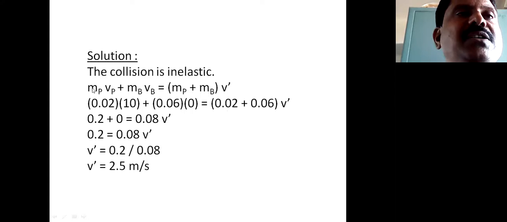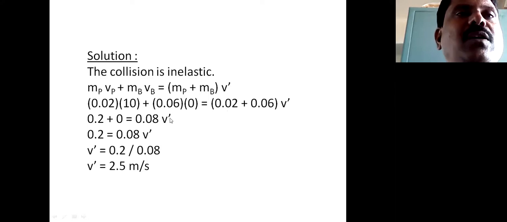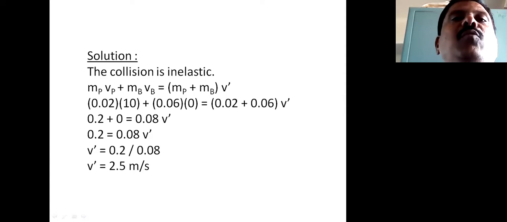Now we insert the values: the bullet mass is 0.02 with velocity 10 meters per second, the block mass is 0.06 with velocity 0, and the combined mass is 0.02 plus 0.06, times V dash.